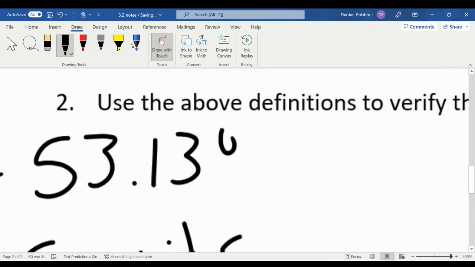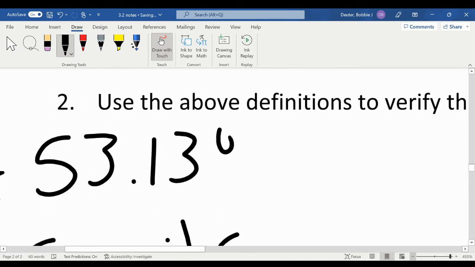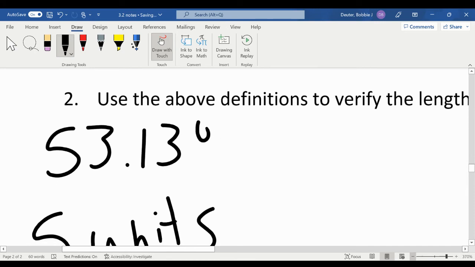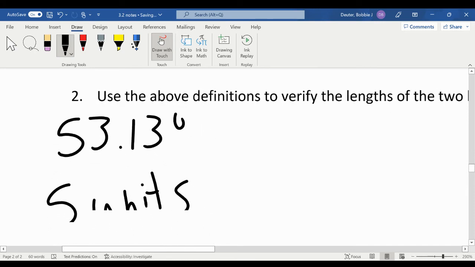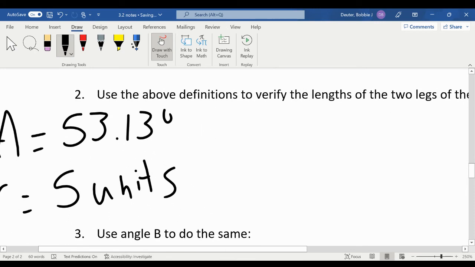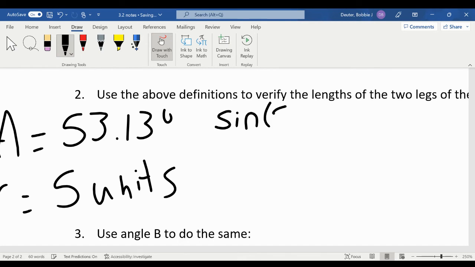So with this, we are going to solve for those lengths. The first thing that we're going to need to do is find our y. And so we have to use sine for that. So we know that sine of A, which is 53.13, is equal to our y over r.